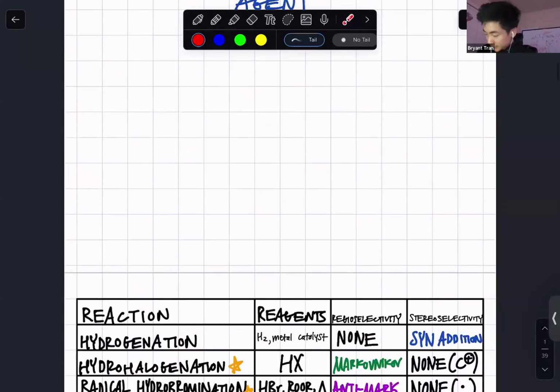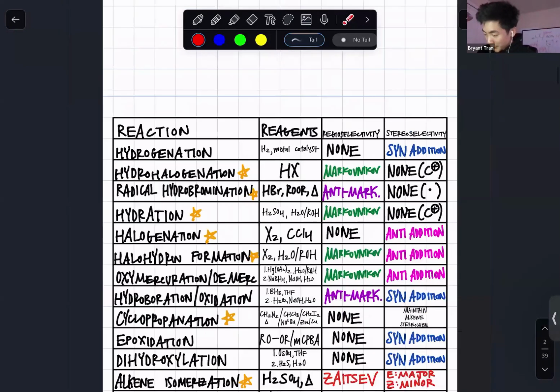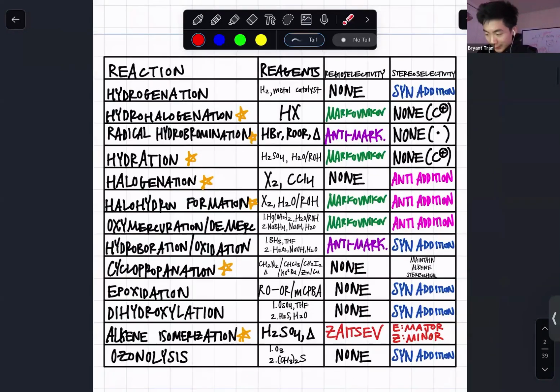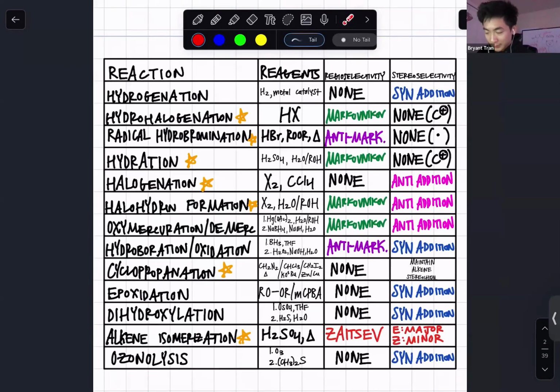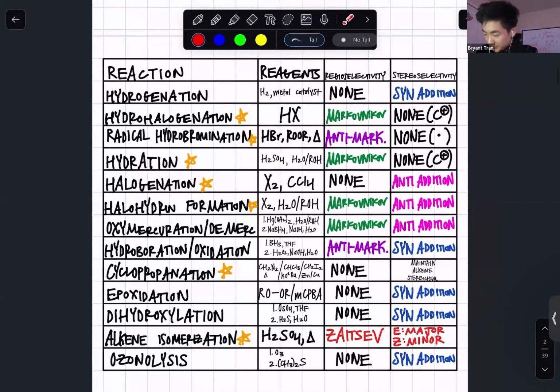Okay. So here is the table of reactions for chapter 11 and 12: the reagents for them, the regioselectivity and stereoselectivity. Make sure to know this for the conceptual question for sure, and also be able to explain why, because those explanation problems where he asks you to write a paragraph explaining why it's anti-addition versus syn-addition are testing your knowledge of the step-by-step mechanism.